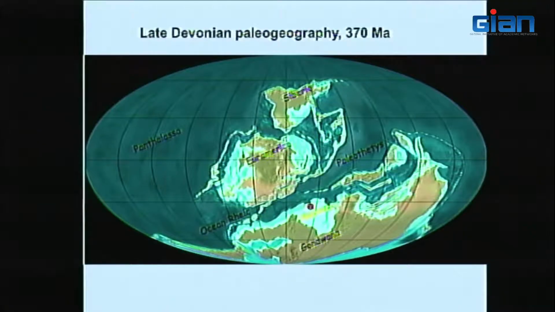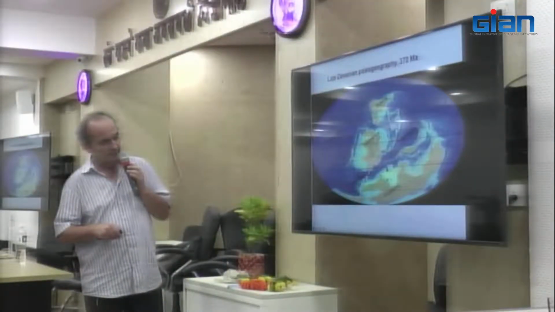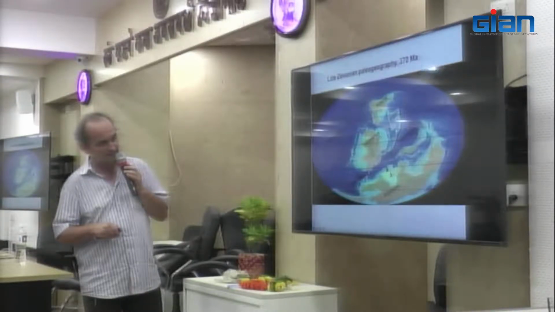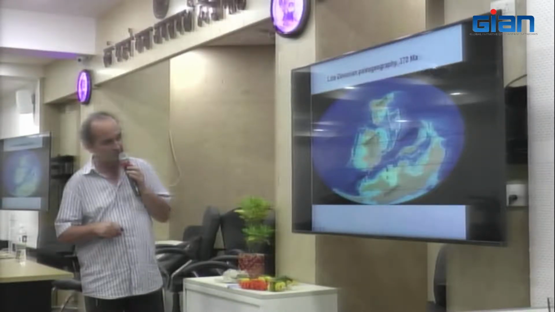Okay, so this is the late Devonian paleogeography, around the period where we have this mass extinction. These are more or less the continents, and you can see that we already have some kind of aggregation of the subcontinents, which will go on during the Carboniferous and the Triassic. And Gondwana was here. I put Morocco here because we will talk a little bit more in detail about a section located here that we have studied together with students.